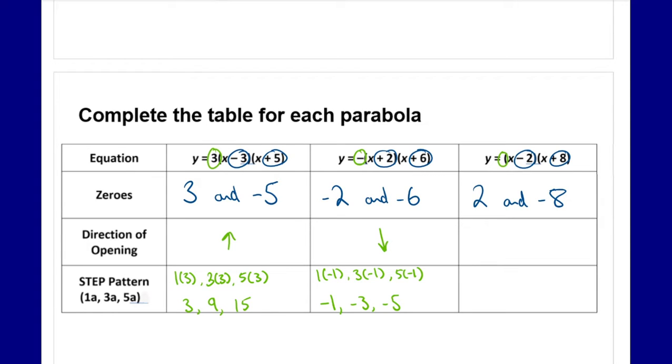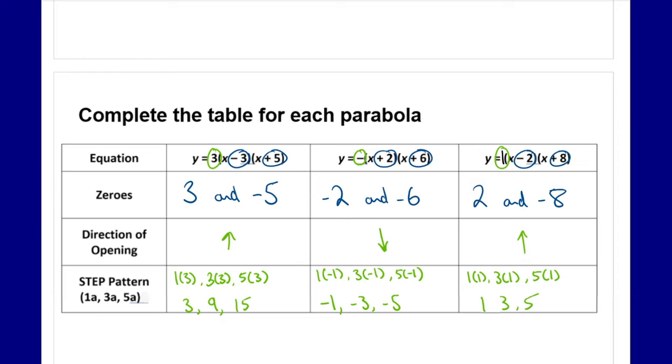Here we don't see a value, so in this case we can assume that it's an invisible 1. So that means my a value is 1. It's positive, which means it opens up. Then for my step pattern, 1 times 1, 3 times 1, 5 times 1, or 1, 3, 5.